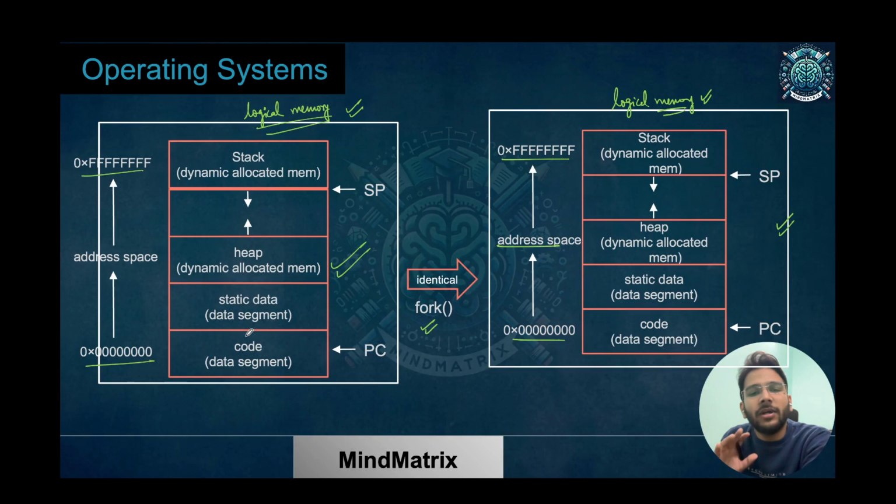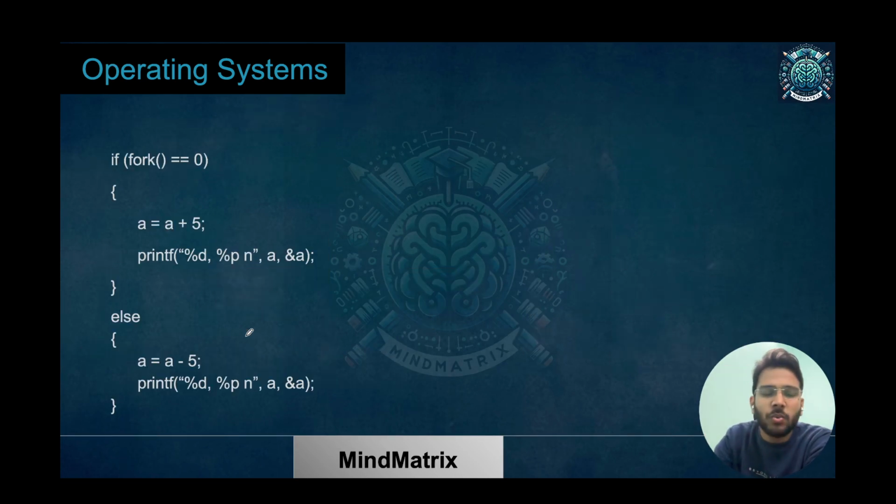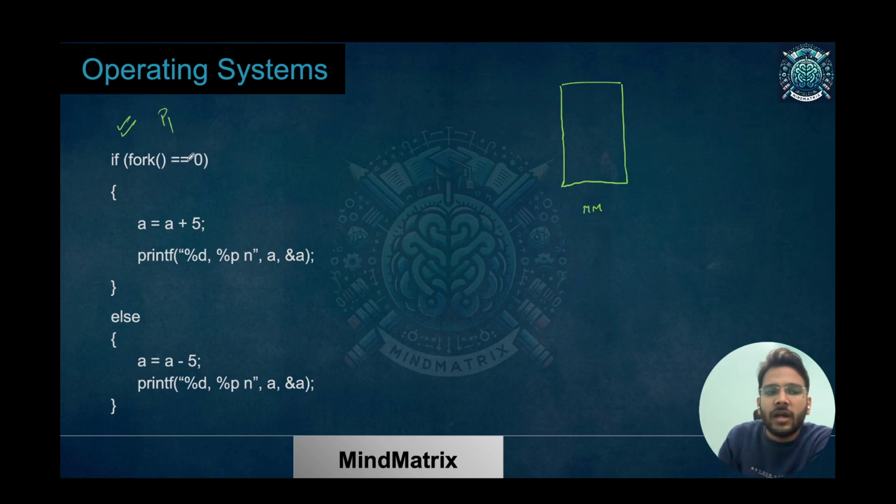But if we talk about storing that in the main memory, in main memory we have physical address. Physical address will be different. Let me explain you here. Let's say we have this main memory. Let's say this is our program. Let's say the P1 process is there and we call fork system call.